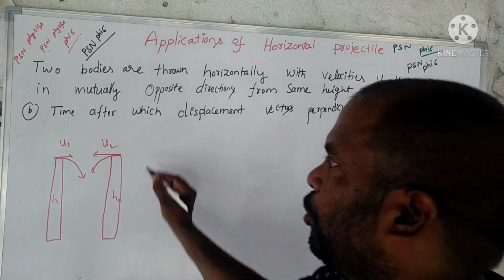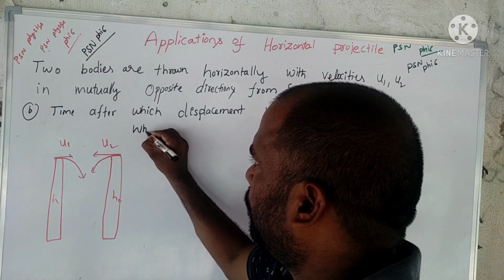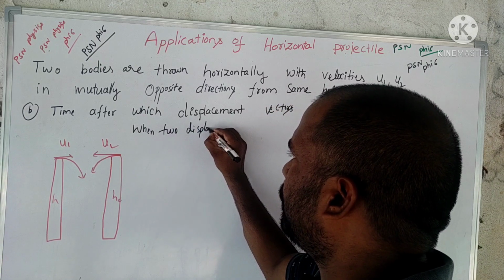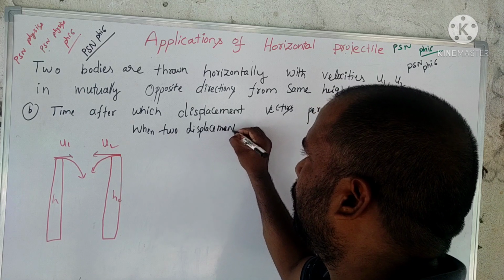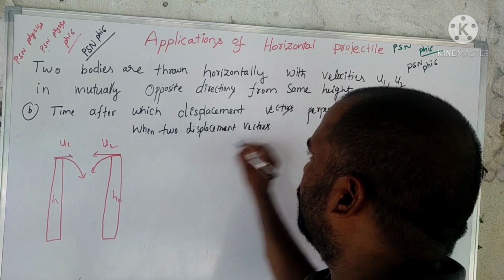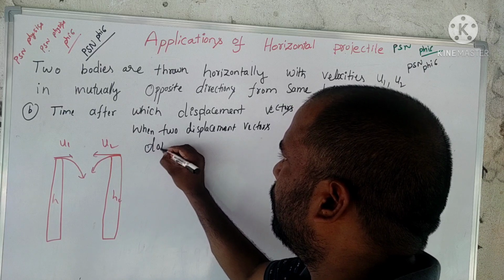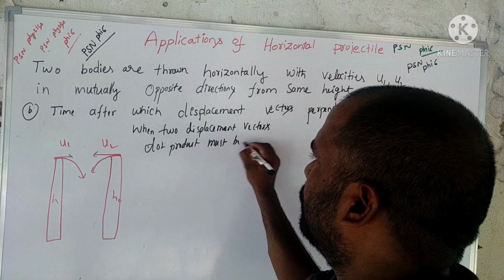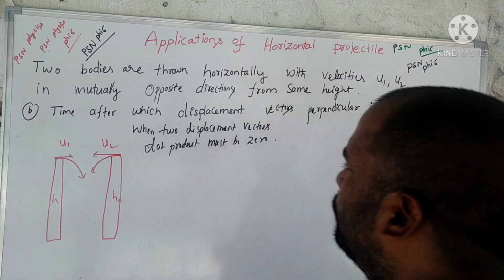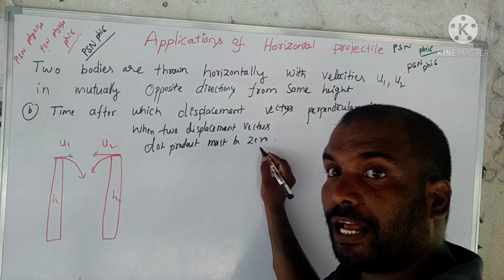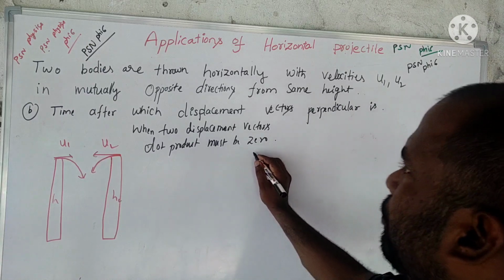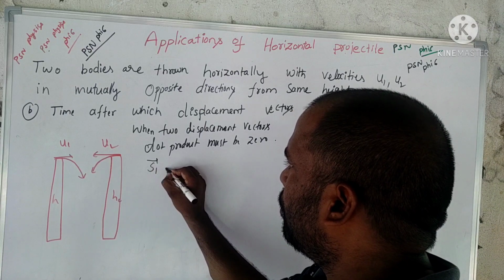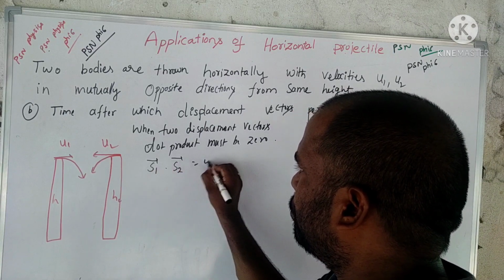Here also, when the dot product of the two displacement vectors must be 0, they are mutually perpendicular. Therefore, S1 dot S2 is equal to 0.